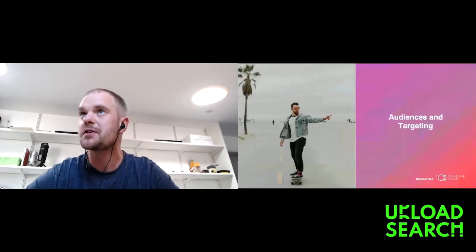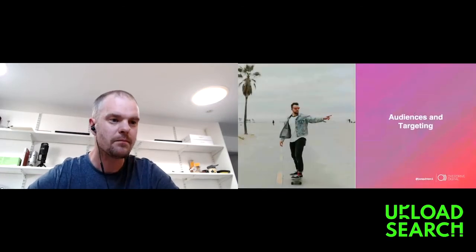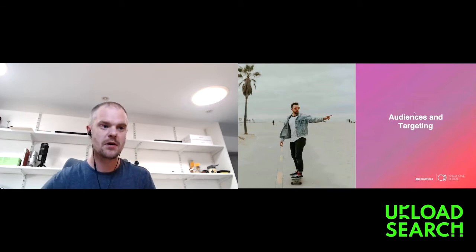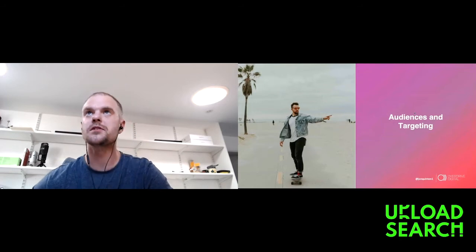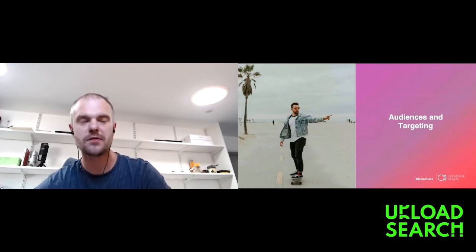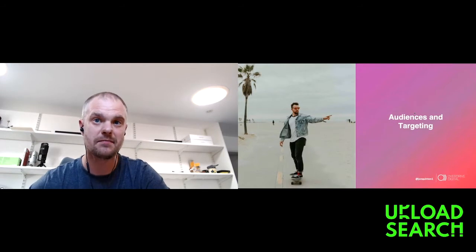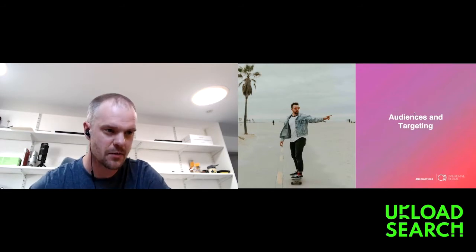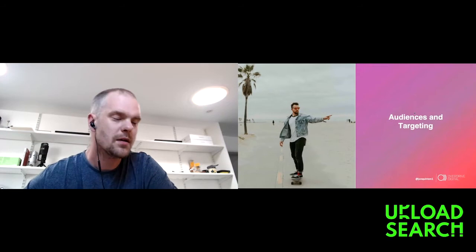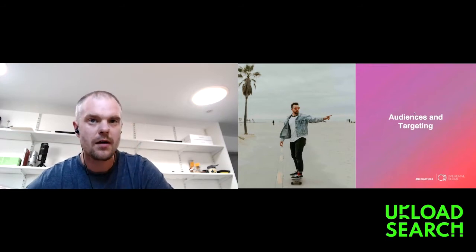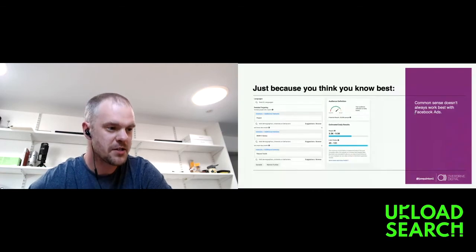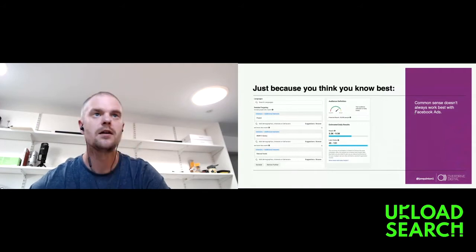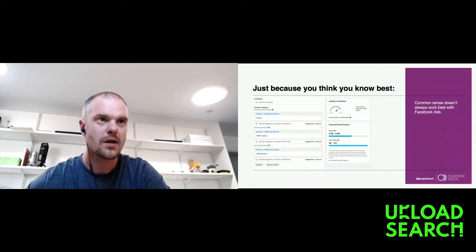So in terms of audiences and what we see working, quite a lot of variation amongst accounts, obviously depending on the sector or the size of the audience, the nature of the audience, the nature of the product. But there are definitely themes that we see across accounts that do well. The first point here is that as a business, you've probably done a fair amount of research into your personas. So you know who your customers are, you know what they like, you know what the demographics are.